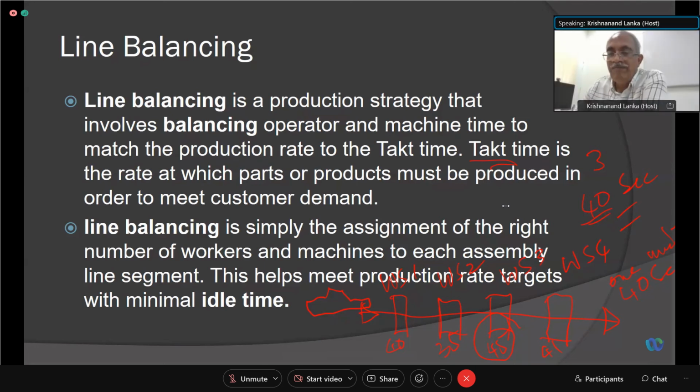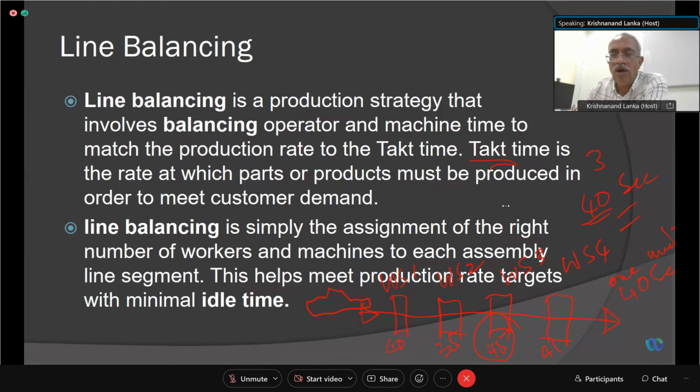That's why designing a mass production line is a tough task, but running it is very, very easy. Once you have fine-tuned all the workstations to exactly 40 seconds or 50 seconds, whatever takt time you have calculated, you put it in almost like an autopilot mode.